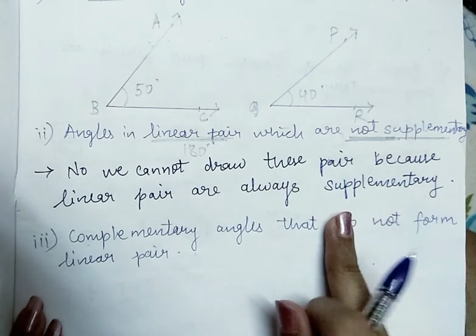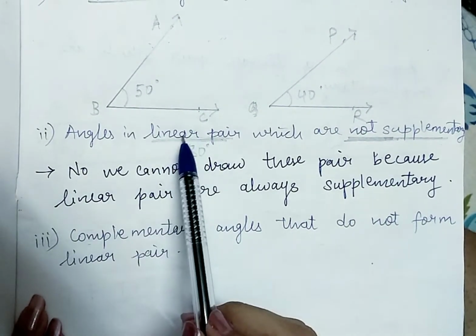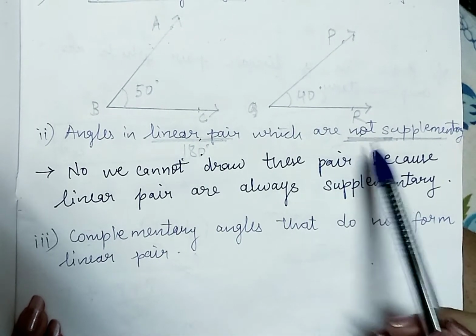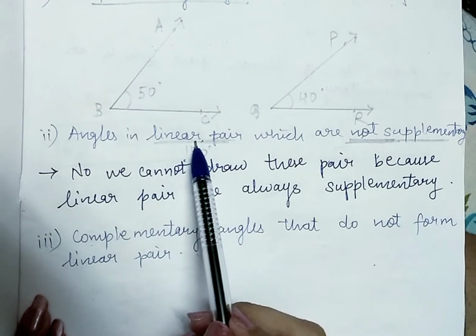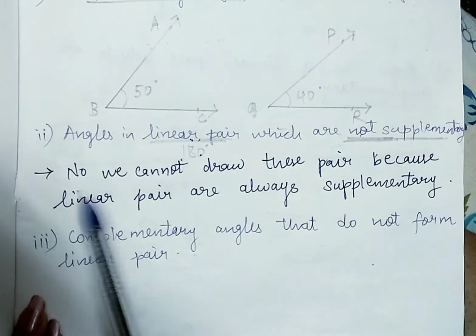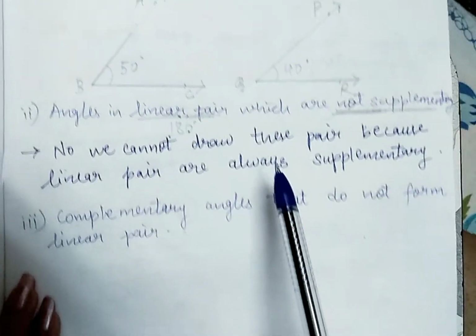So this is our reason. Because linear pair, when we add up, is always 180 degrees and always supplementary. And your question says we have to draw a linear pair which is not supplementary. So hence we cannot draw these angles.